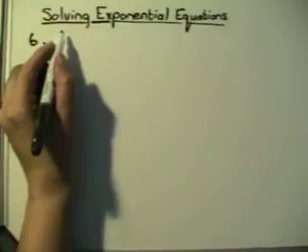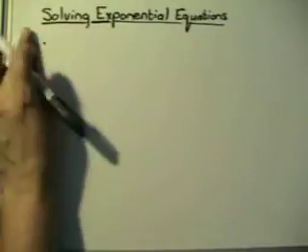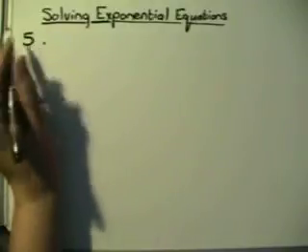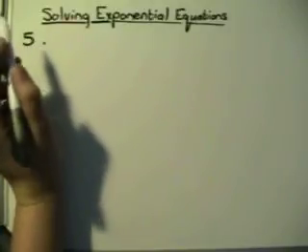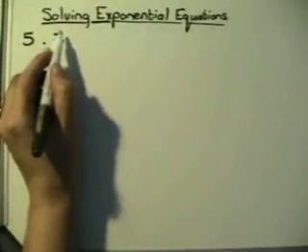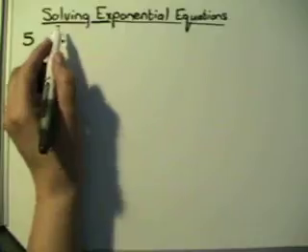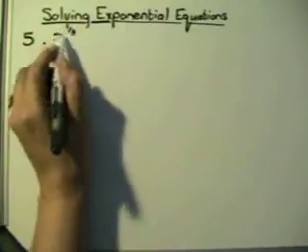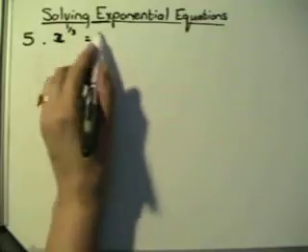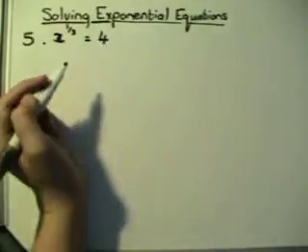Okay, let's look at another example. I think this might be number 5, not number 6. So I have x to the power of 1 over 3, now a fraction in the exponent, is equal to 4.